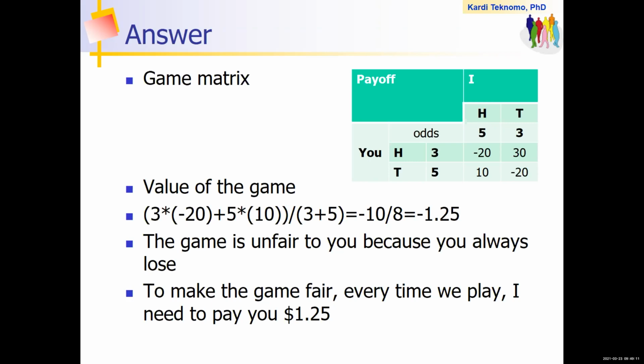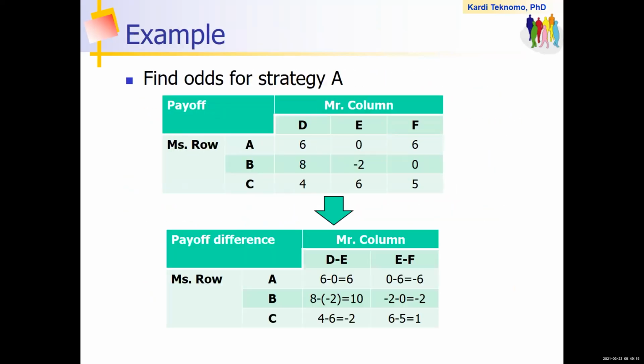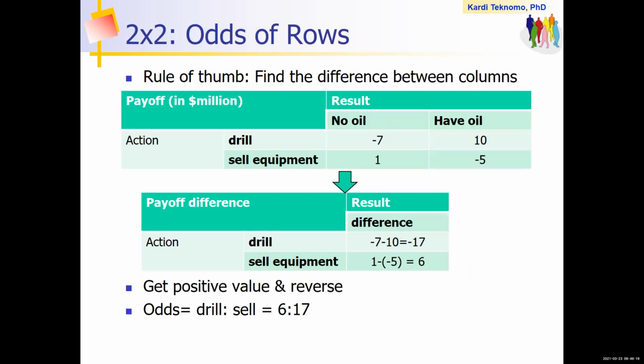No, both sides. So you remember this one? Yes, I remember. So for the column, you subtract: 7 minus 10, minus 10, 1 minus 5.